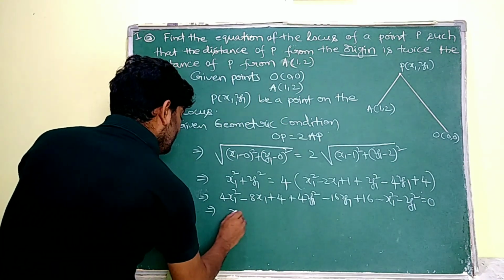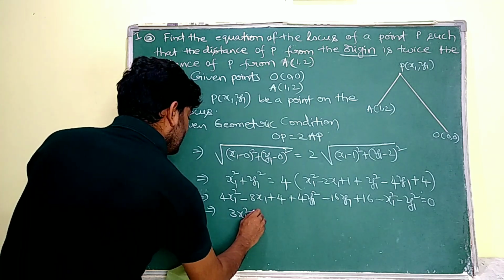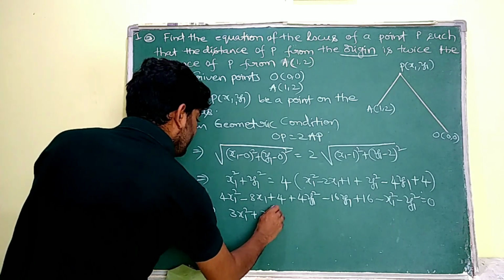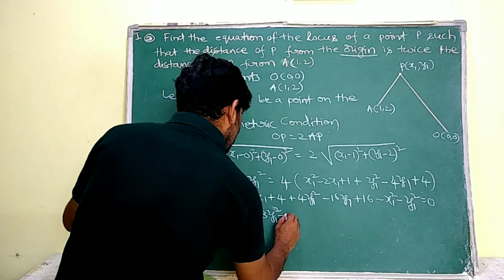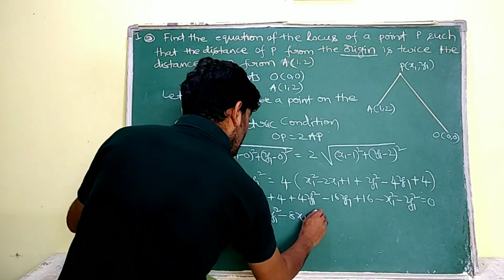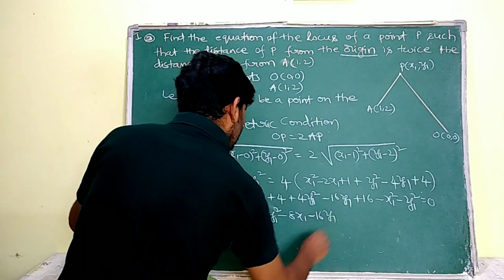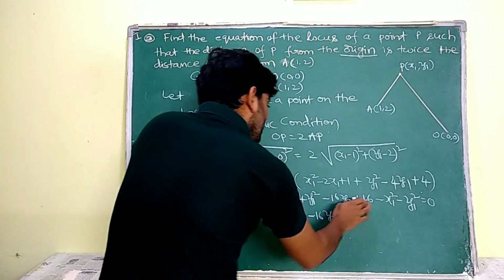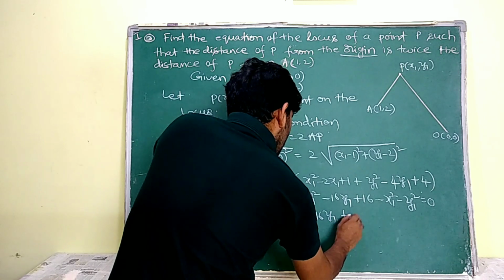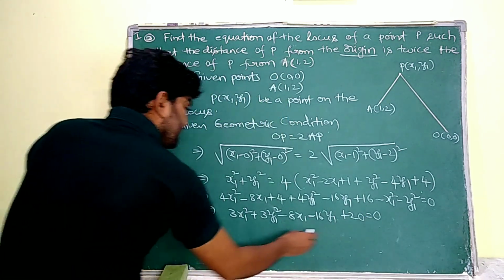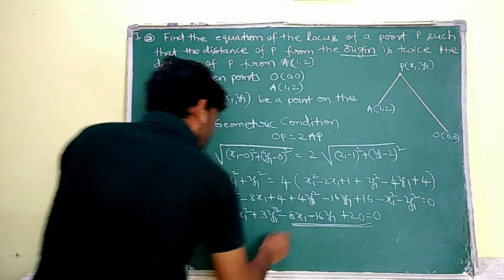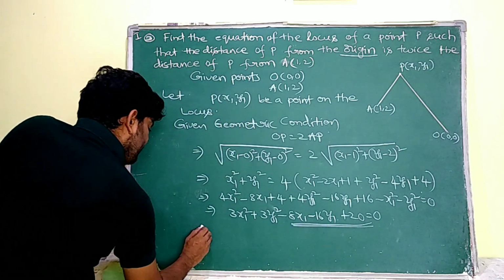By simplifying, 3x1 square plus 3y1 square minus 8x1 minus 16y1 plus 4 plus 16, that is 20, is equal to 0. So this is our required equation of the locus. We have to express it in terms of x and y.